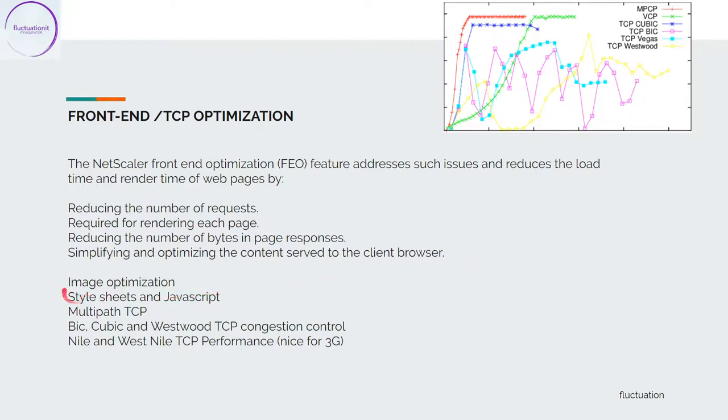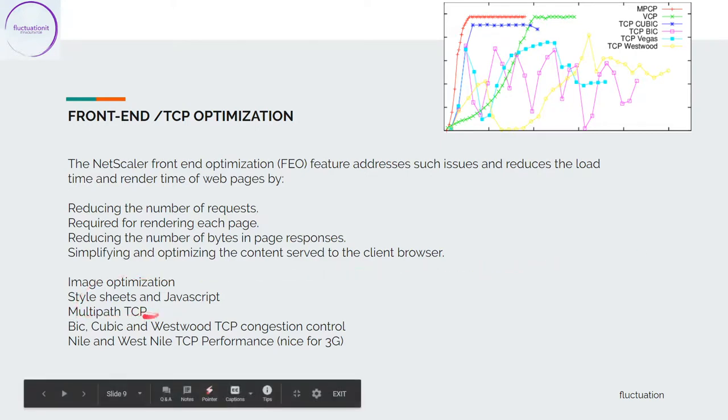We have also style sheets and JavaScript. They're able to compress this sort of data too, so they're doing a lot of compression for that. We have Multipath TCP, and we have also, of course, BIC, CUBIC, and Westwood TCP congestion control.